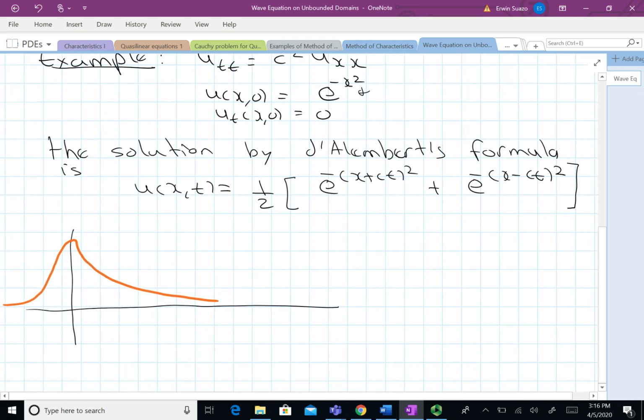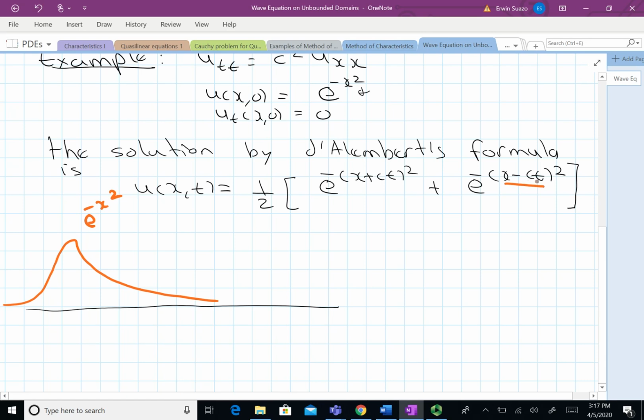What it's saying here is that this is e to the minus x squared, but this term is telling me that this is a wave moving to the right, because minus means it's moving to the right. It's a shift in time, and the velocity is c.